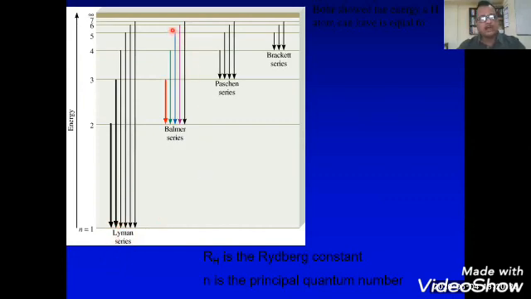Again, the electrons from a higher energy state may drop to the second energy level, and in this process light will be emitted in the visible region.